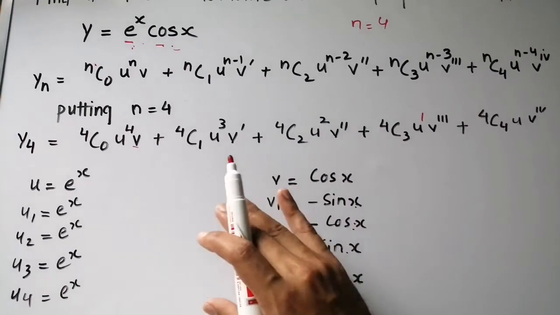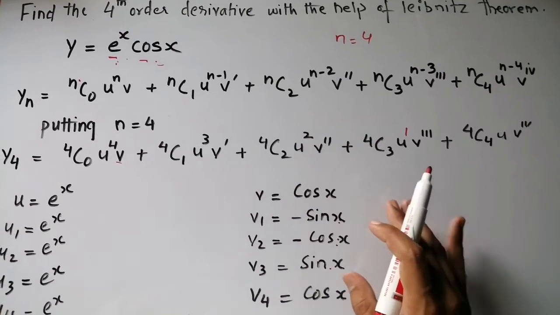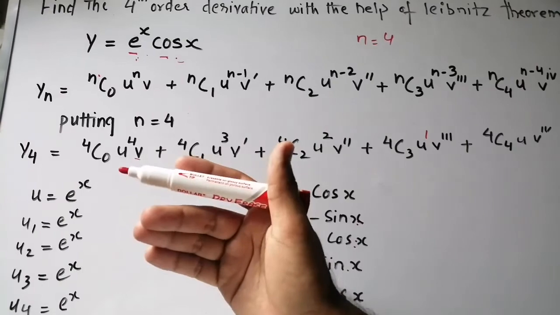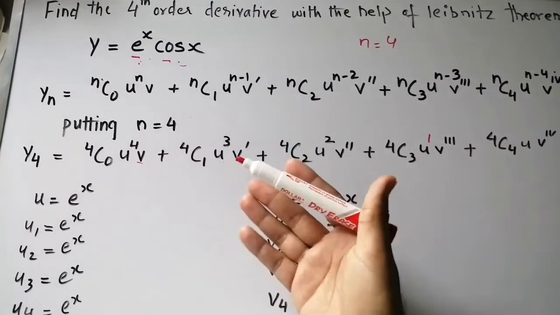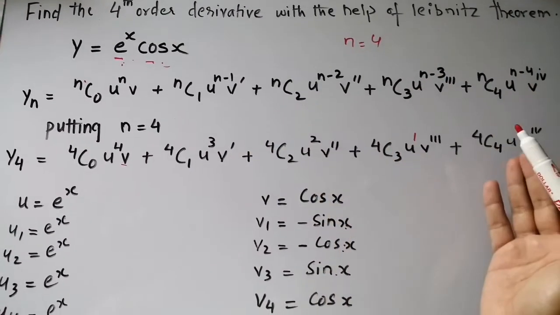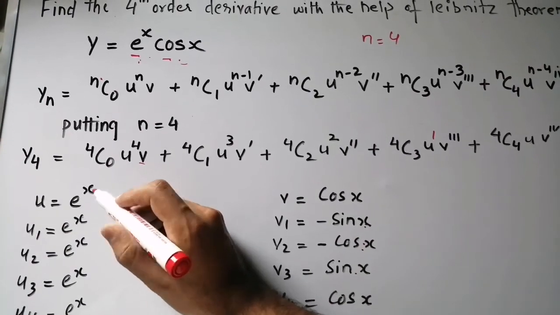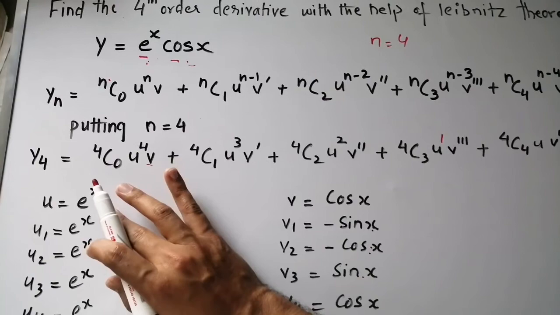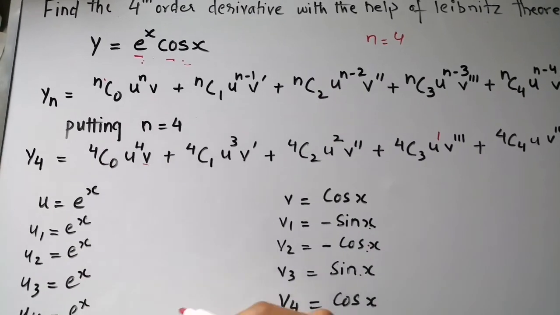So the choice of the first and second function is very important. You have to choose the first function in a way that makes it easier for you to calculate its higher order derivative. So I have chosen the first function as e^x, and it is easier to find the derivative of a function like e^x, that is an exponential function.